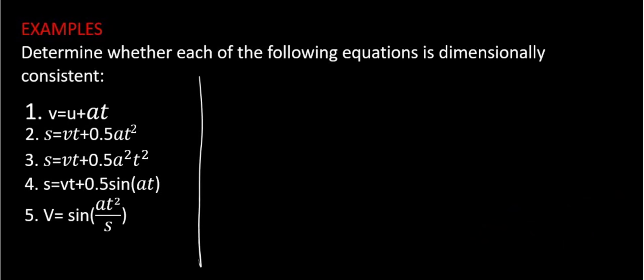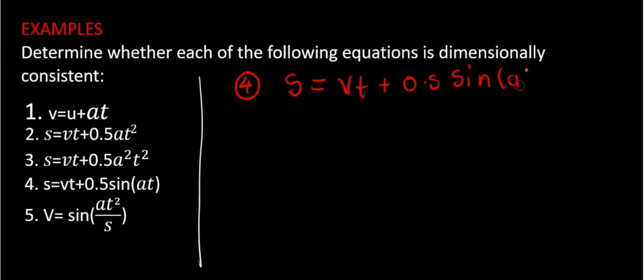So on the other one, question 4 now, right? On question 4, we have displacement equal to Vt plus 0.5 sine Lt, like that. So this is the displacement, so it is just L. How about the velocity? L over t, then t.